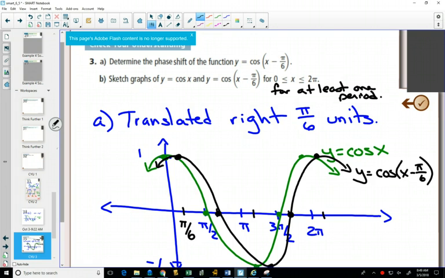The way that this question is worded, I technically would lose a half a mark here because I've graphed too much. It said only graph it for 0 to 2π. So I shouldn't have arrowheads on the end, and I should stop it right there, and I should go here and stop it right there. That would graph it from 0 to 2π.